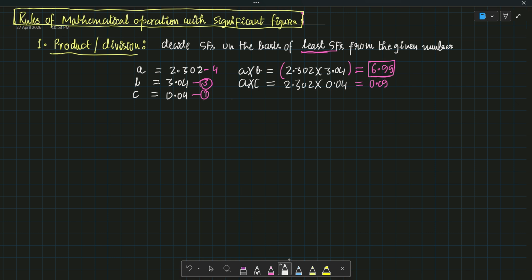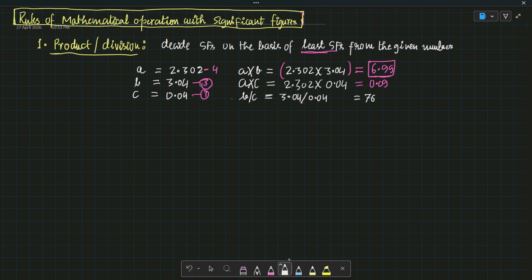The same is true for division also. If we are asked to divide b by c, the smallest significant figure will be the deciding factor of the division. So this division will have only one significant figure, and we'll divide normally. 3.04 divided by 0.04 comes out to be 76.